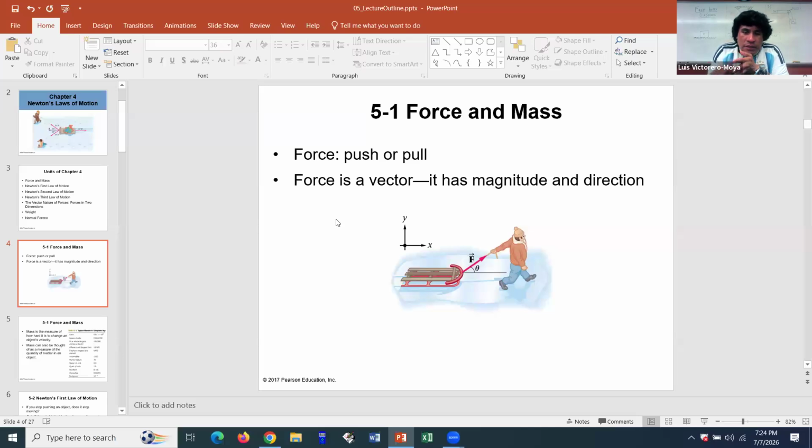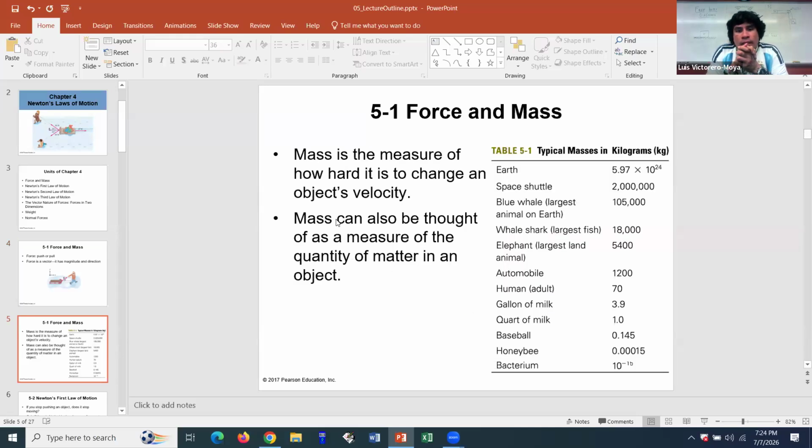So, as I said, mass is the amount of matter in an object, but that's the chemistry definition of mass. Physically, mass has more meaning.